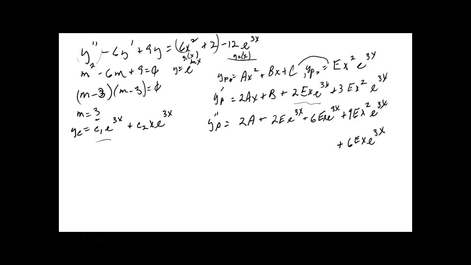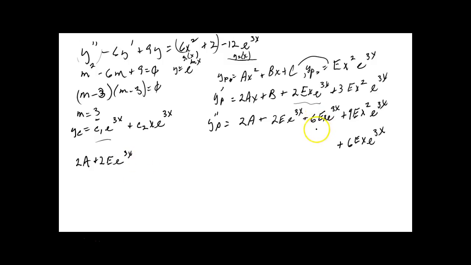All right. Now let's put them together. Those are our derivatives. Now we plug those back into our original. So that's a 2a plus 2. Can I combine anything here? Nothing there. 2e to the 3x.